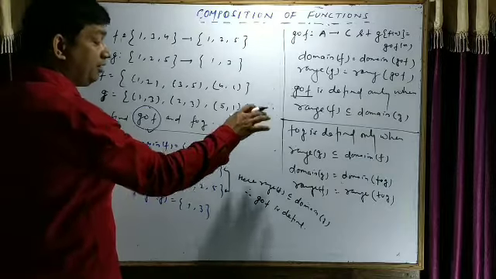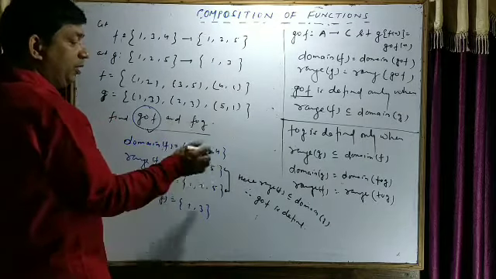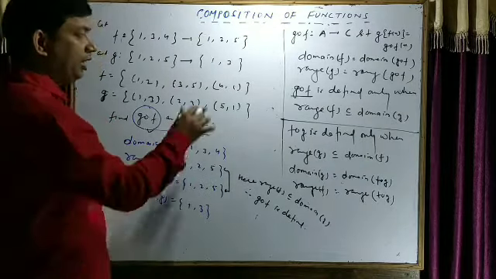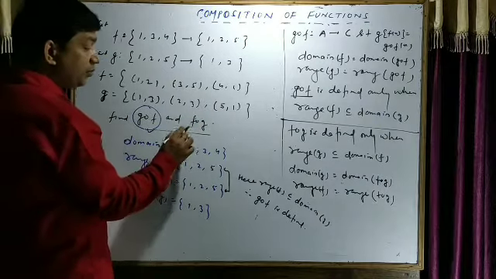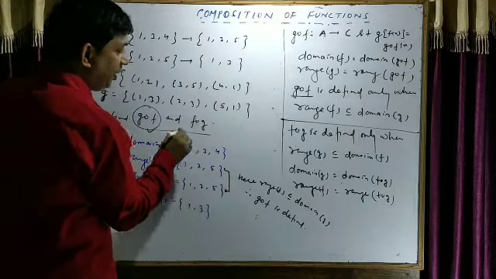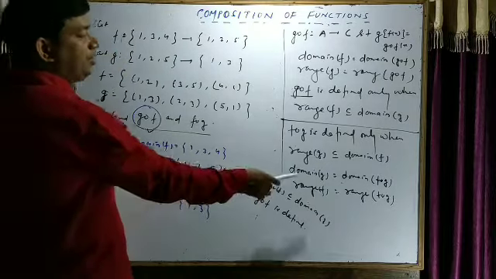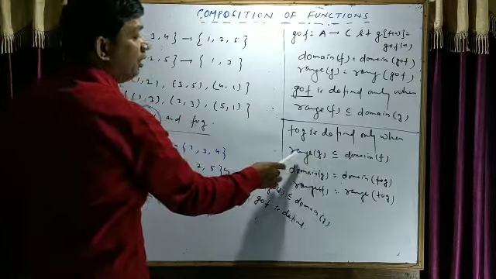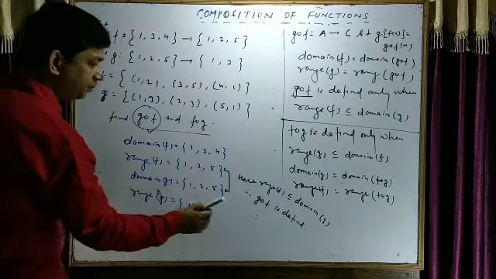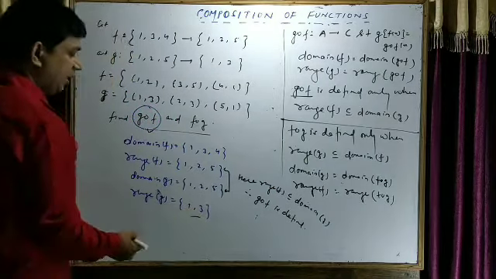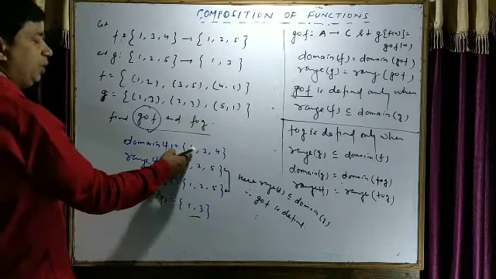I have less space, so first I want to explain whether they are defined, then I will explain how to find gof and fog. Fog is defined only when the range of g is a subset of the domain of f. The range of g is {1, 3}, and the domain of f is {1, 3, 4}.